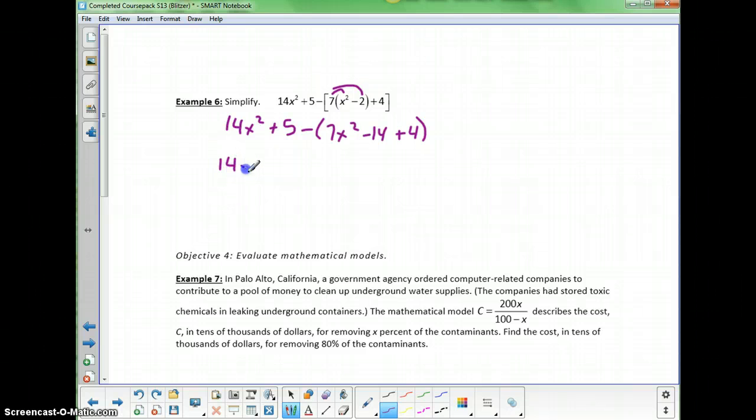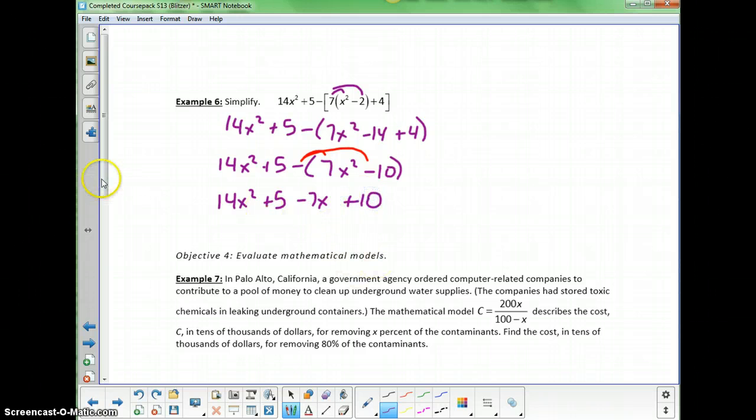So I've still got the 14x squared plus 5 minus the parentheses. No like terms for 7x squared, but minus 14 and 4 will combine to a minus 10. Now I've got another distribute to do here, making sure this negative gets distributed to both parts of the inside. So I've got 14x squared plus 5 minus 7x squared plus 10, two negatives.